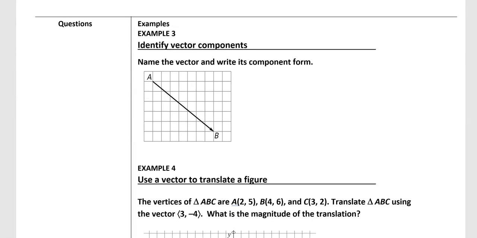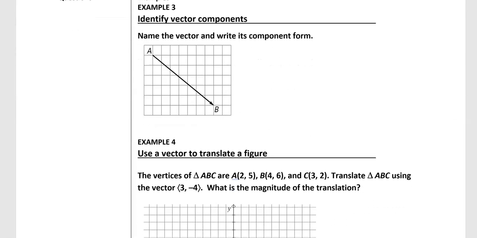So identify vector component. So let's name the vector and write its component form. So when I go to name this vector, I'm going to still work with the 2 letters of the points. And so it's going to look like this above AB. It looks kind of like half of an arrowhead, but notice that this mark here is above the final point, and this is the initial point. Now, the component form is going to tell us the direction.